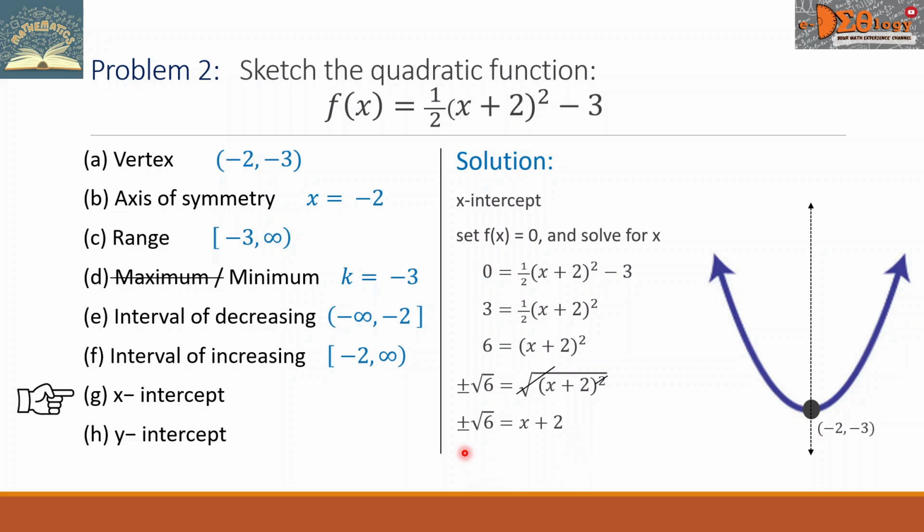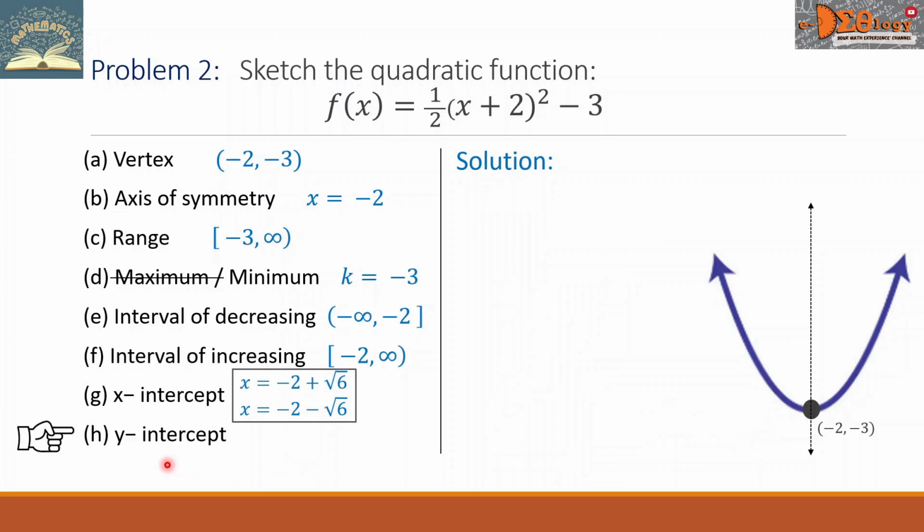It becomes negative. Or we can show that x equals negative 2 plus or minus square root of 6. Here we have two values of x, one using plus, the other using minus. That means there are two x-intercepts for the graph.